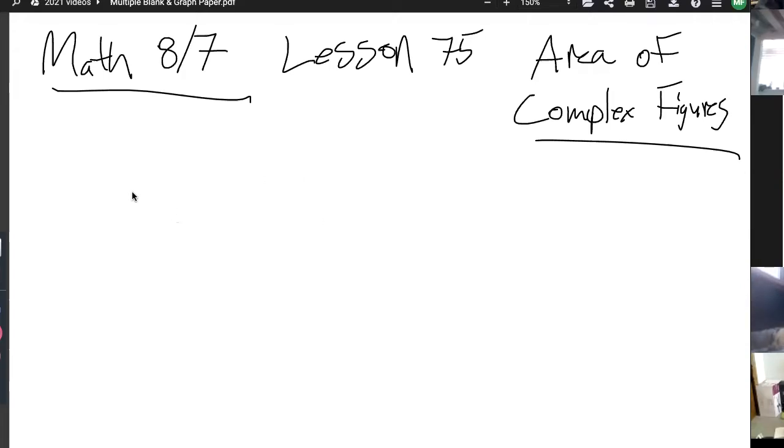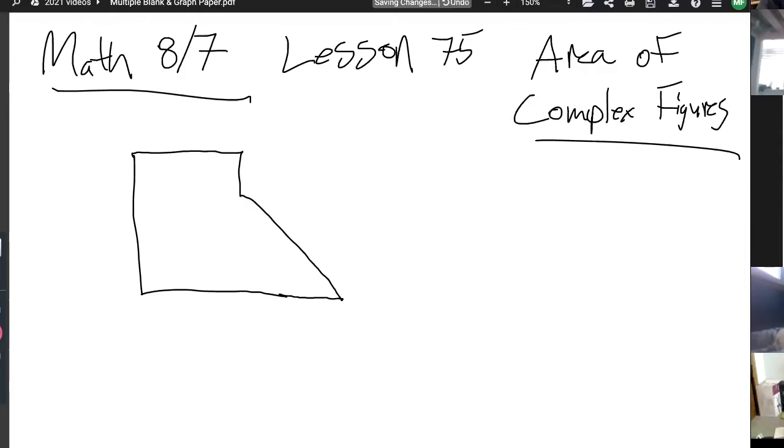So for example, here is a weird shape. Let me make that a little bit longer. Okay, so if I wanted to, I could make 2 shapes out of this, right? Well, first of all, let's give some dimensions here.